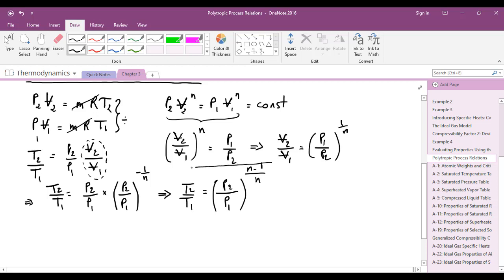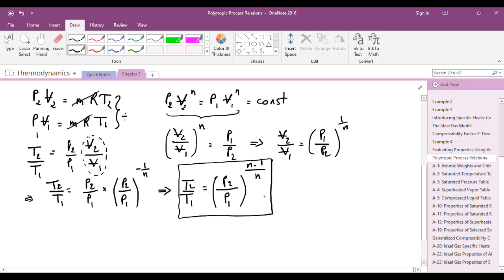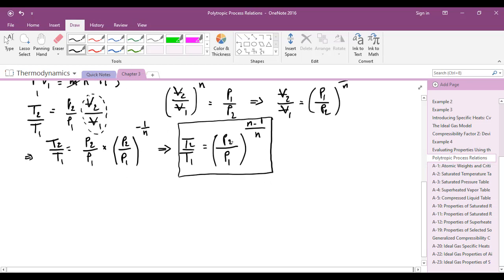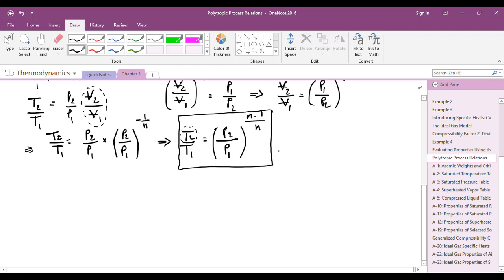So we can use this equation to determine the temperature given the pressure at the end state. So if we know the pressure at the end state, of course we should know the initial conditions T1 and P1, using this equation we can know the temperature, and if we know the temperature, then we can calculate the internal energy and the enthalpy using the tables or using the specific heat data.